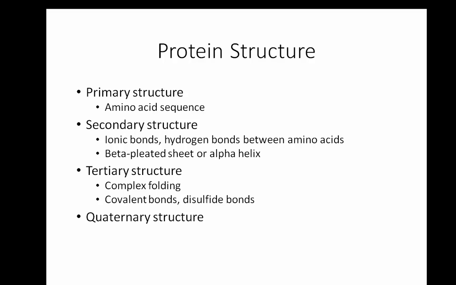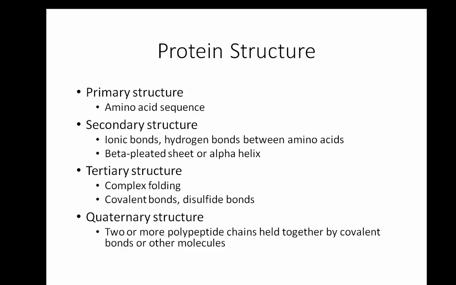Now, quaternary structure occurs if 2 or more polypeptide chains get held together by covalent bonds or by other molecules. An excellent example of quaternary structure is hemoglobin. Hemoglobin is 4 polypeptide chains that are all attached to an iron molecule, so that gives you a quaternary structure.